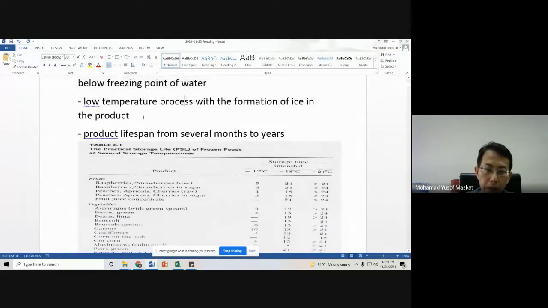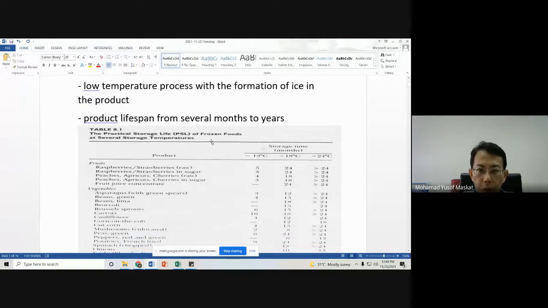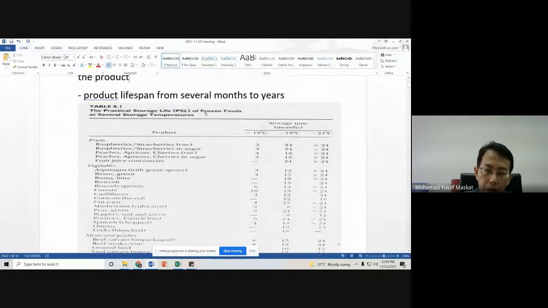That is an advantage. As we have discussed, for chilling the shelf life is from 10 days to a maximum of 14 days, or maybe a little bit further. Usually that is the shelf life of chilled products. However, for frozen products, the shelf life is from several months to even several years.